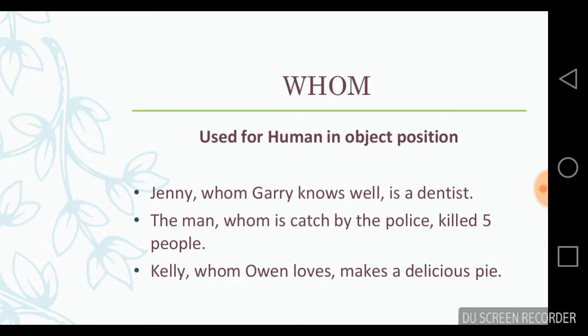The second one is the man whom the police caught killed 5 people. And the last one is Kelly, whom Owen loves, makes a delicious pie.